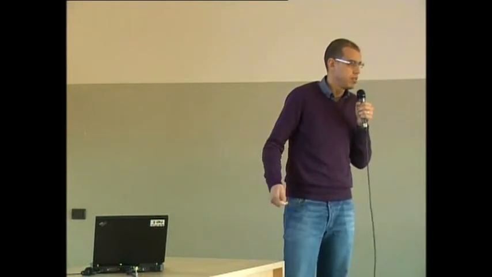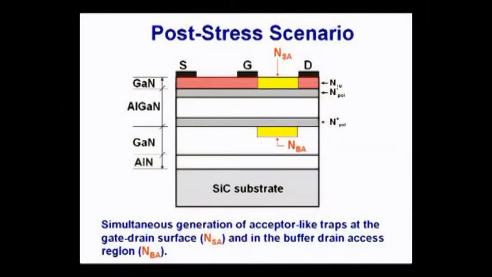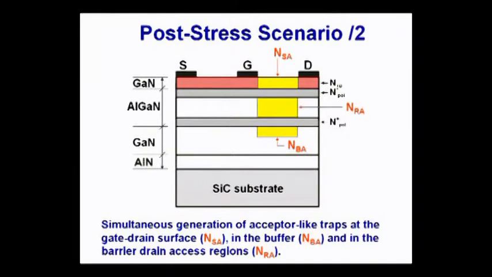In our simulations, we considered different scenarios, but the most important ones were by considering trap generation at the surface and in the buffer, or in all the three layers, so namely the surface, the barrier, and the buffer.